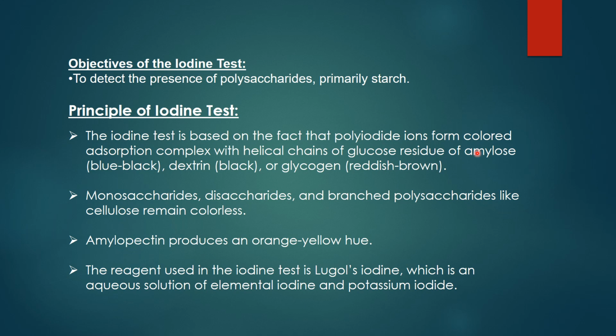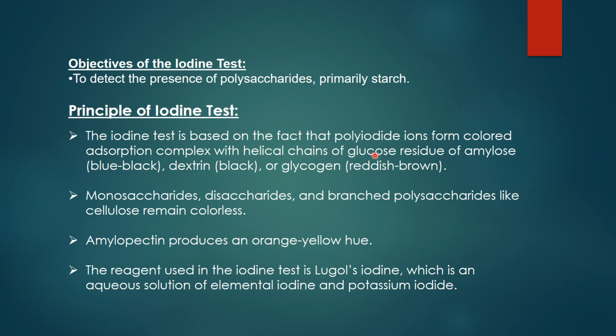So the polyiodide ions form a colored adsorption complex with helical chains of glucose residues of amylose, and will give a blue-black color.